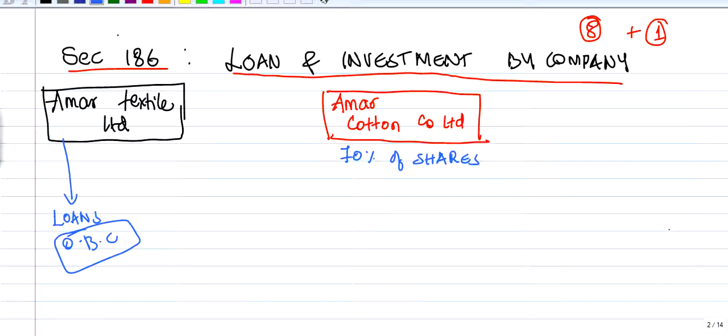The aggregate of all the investments made and the loans granted by Amar Textile Limited exceeds 60 percentage of its paid up share capital and free reserves.